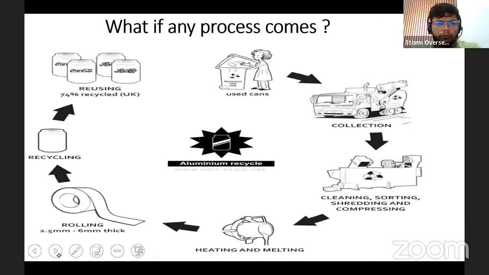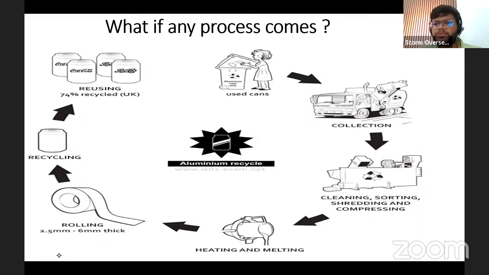Okay, so we saw the bar graph and pie chart. Then the third thing is process. I have one process, and as we had decided, if any process comes, then we should identify the starting stage.